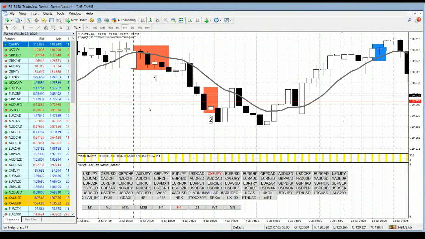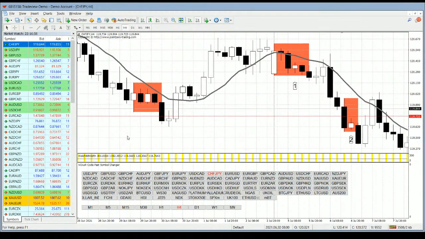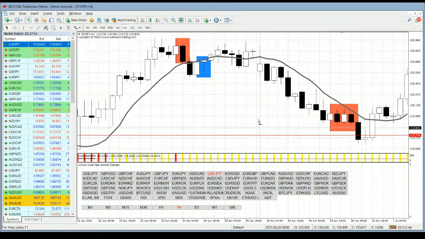Even if this is correct, but the bandwidth is yellow, no trade. This is also correct because there's a bearish breakout which we should have taken, but bandwidth is yellow, so no trade. So not only does it have to agree with moving average, it also has to have a red bandwidth. Thank you so much for your answers. So that explains why this is not a trade, and that is not a trade.